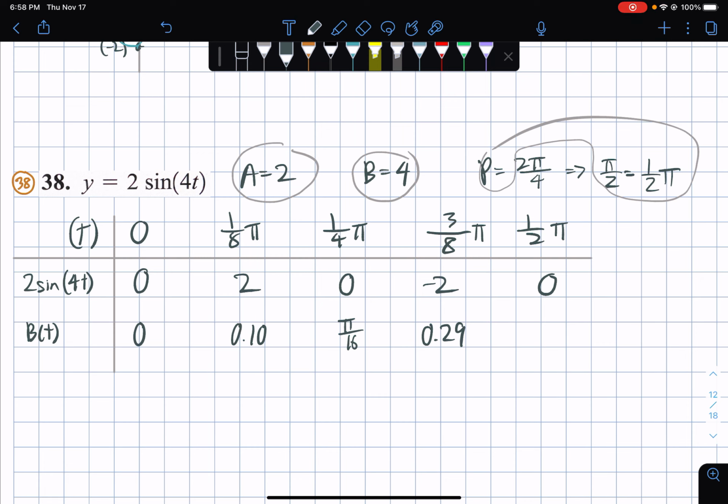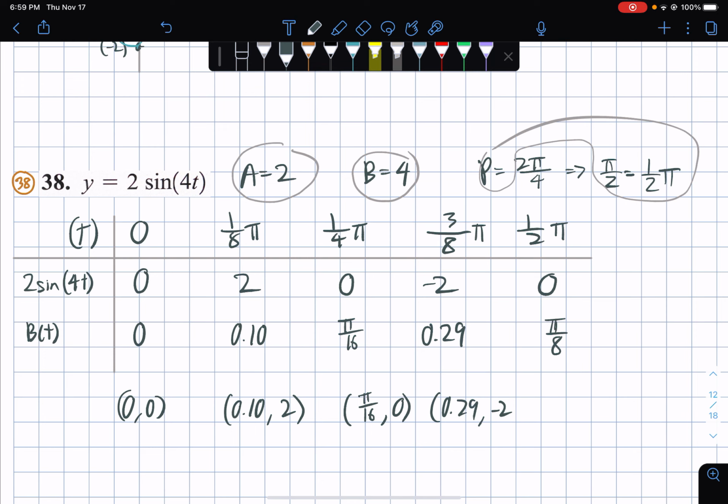Pi over 2 divided by 4 is pi over 8. So we have the coordinates 0, 0, 0.10, 2, pi over 16, 0, 0.29, negative 2, pi over 8, 0.